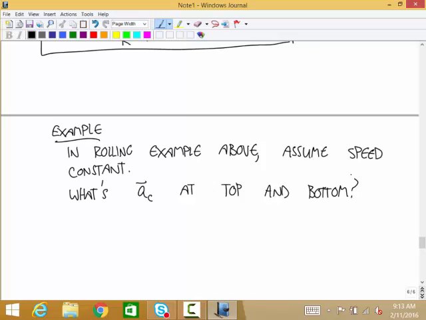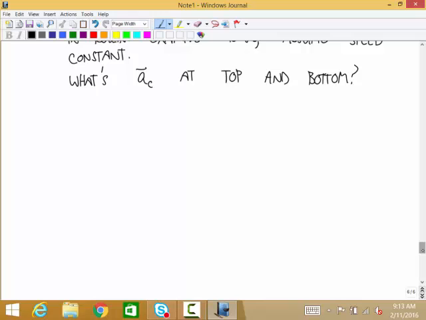Anytime an object isn't moving with a constant velocity, it has to have acceleration. So, since it's moving with a constant speed, let's just calculate the total acceleration.